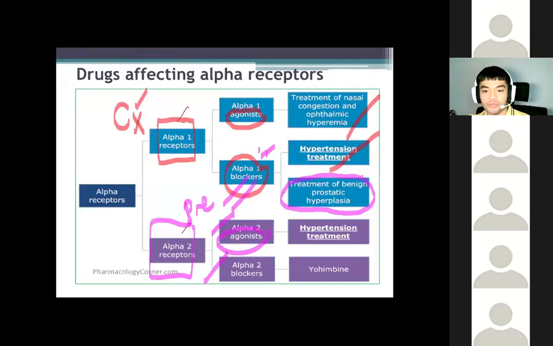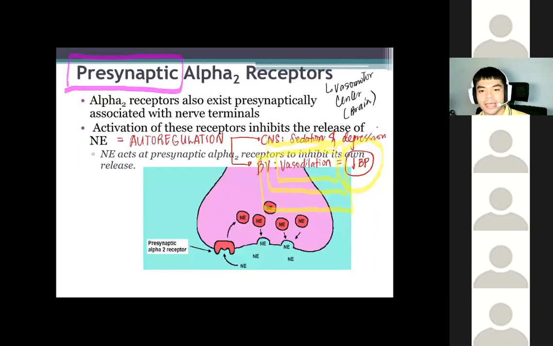Kaya pag chinek nyo yung figure, ano ang clinical value ng alpha-2 agonist? Pang-hypertension din sila. So yun yung connection niya. Kaya lang, ang common side effect ng mga gamot na alpha-2 agonist, nakakaantok. Karamihan ng mga pasyente na umiinom nito, inaantok sila. Kasi ano yung isang effect? That is sedation.